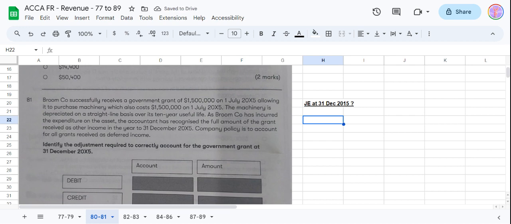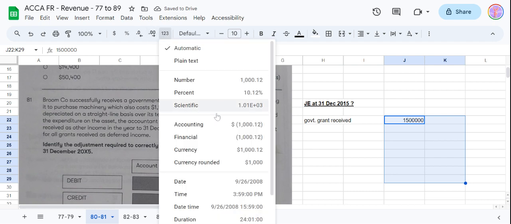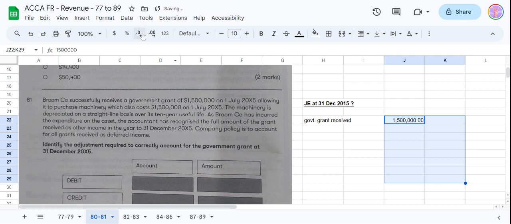Broom Company successfully receives a government grant of 1.5 million. Let me change this accounting format to financial.